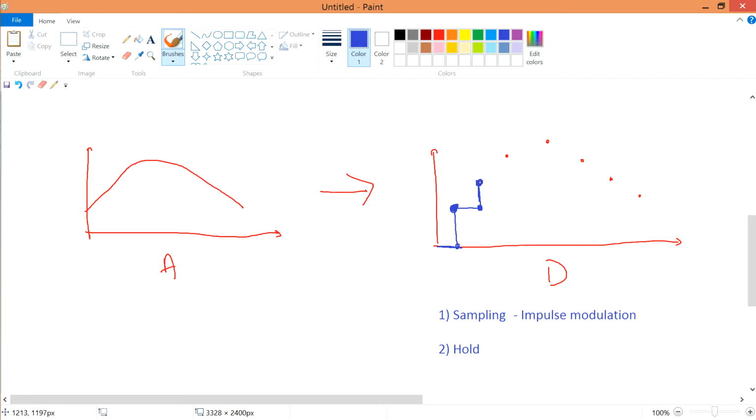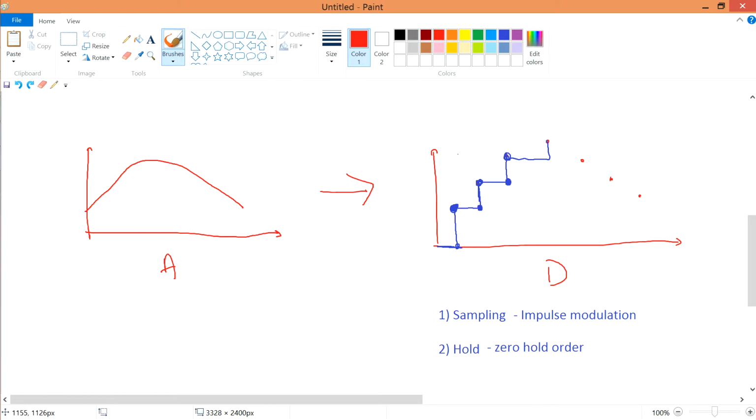And then you hold again, and then the next impulse comes in, ta-da, and then you hold, then the continuous signal goes like this. This holding is a zeroth order hold because it's just a straight line.